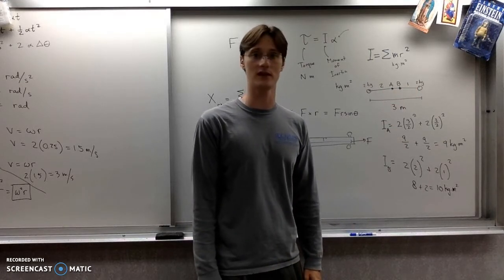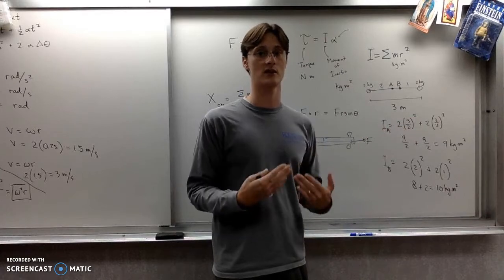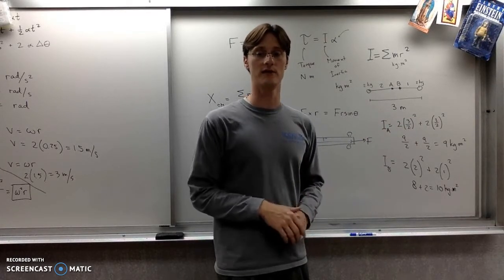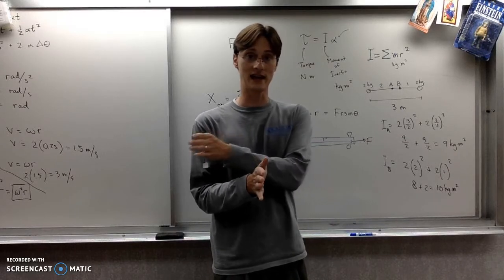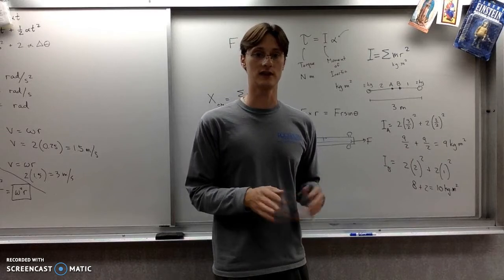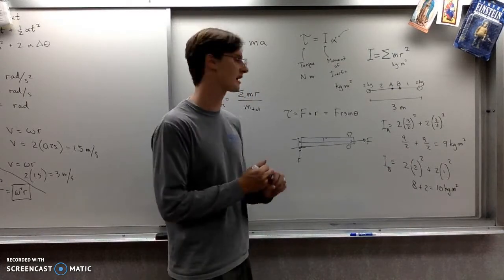Never pick the middle of the object. You always pick one side or the other. That's usually the sensible choice, because if you pick the middle, then you have to talk about like r being a negative number on one side and a positive number on the other, and that's not going to be friendly, at least from a calculation standpoint.